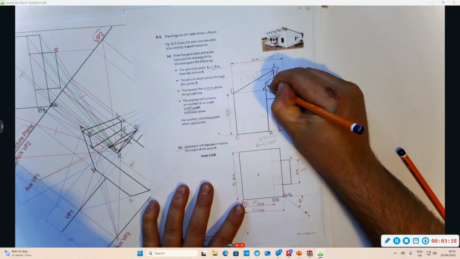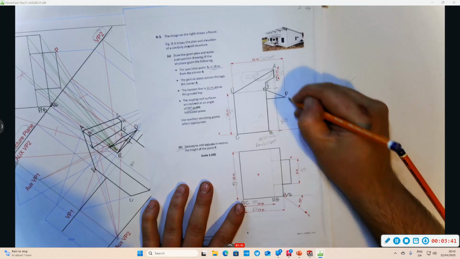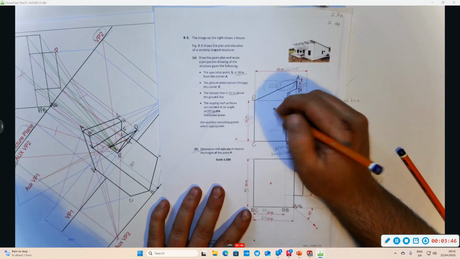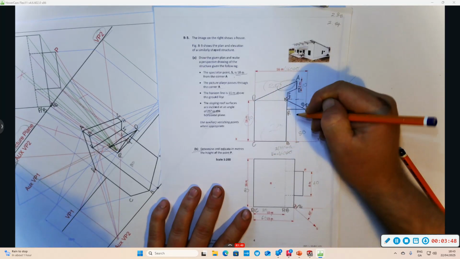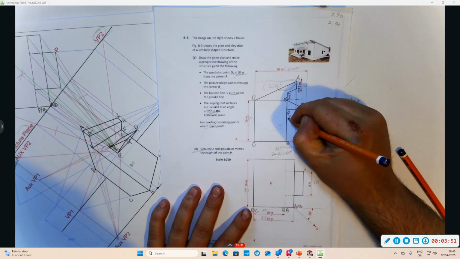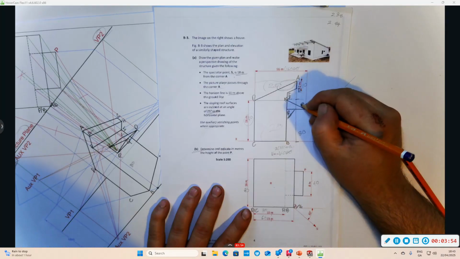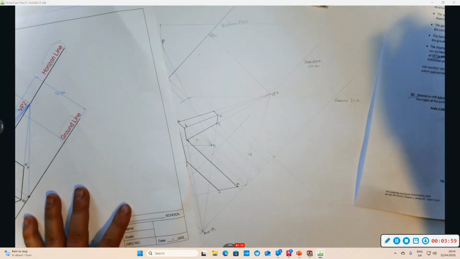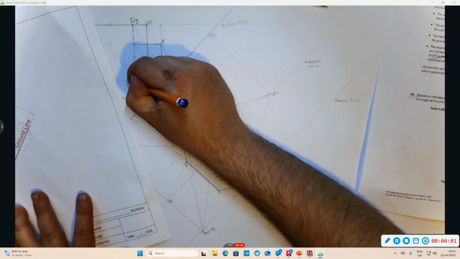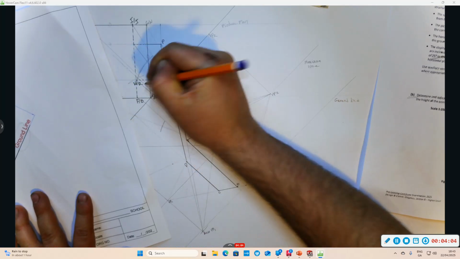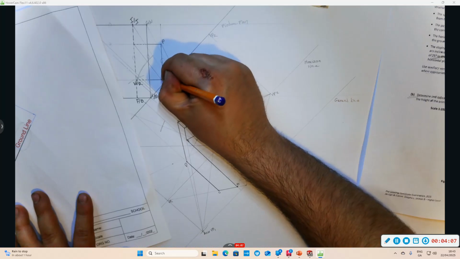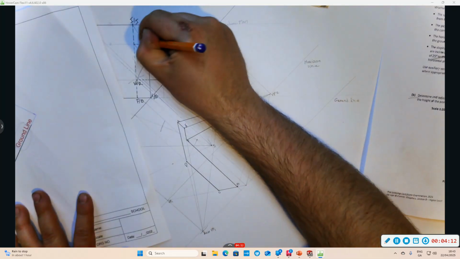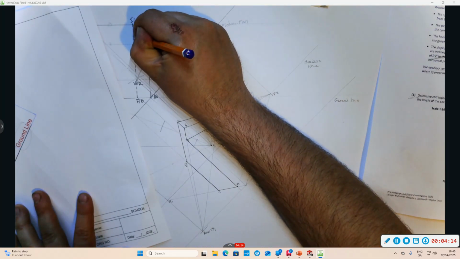K slash L. Okay, Q slash P. Okay, and R slash, I don't have anything there, QP, or slash S. So in plan view then, K slash R, okay, Q, P, and L slash S.